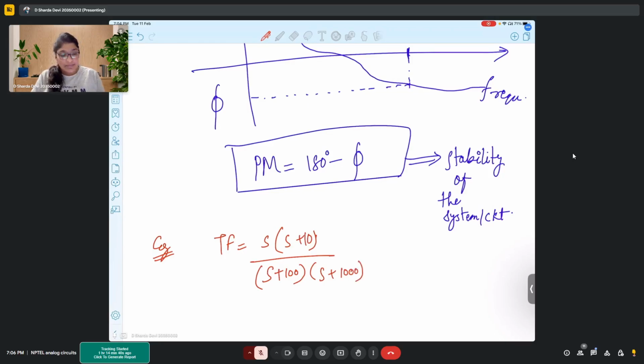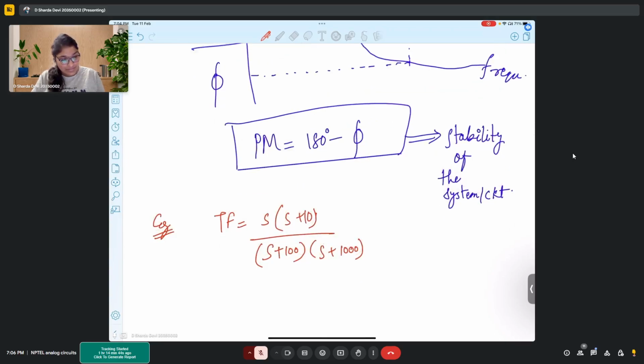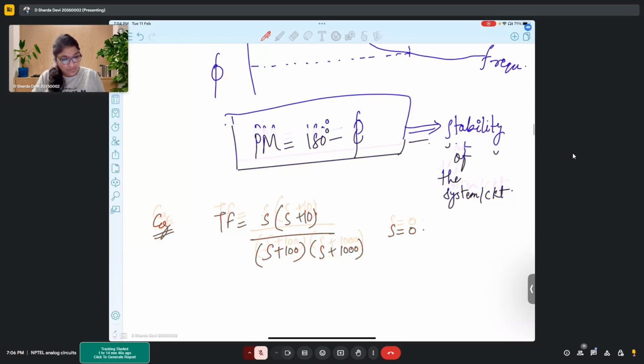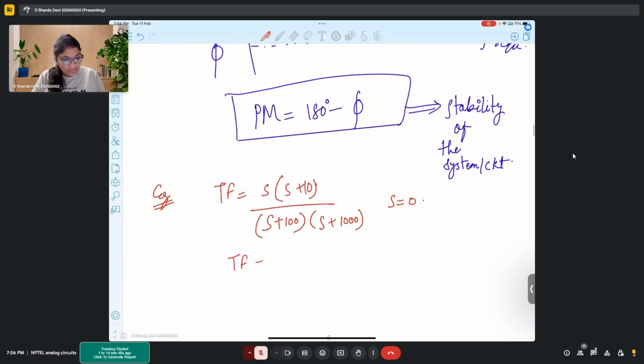Now if I put s equal to 0, my transfer function becomes 0. And when it goes to 0, how do you calculate your DC gain?